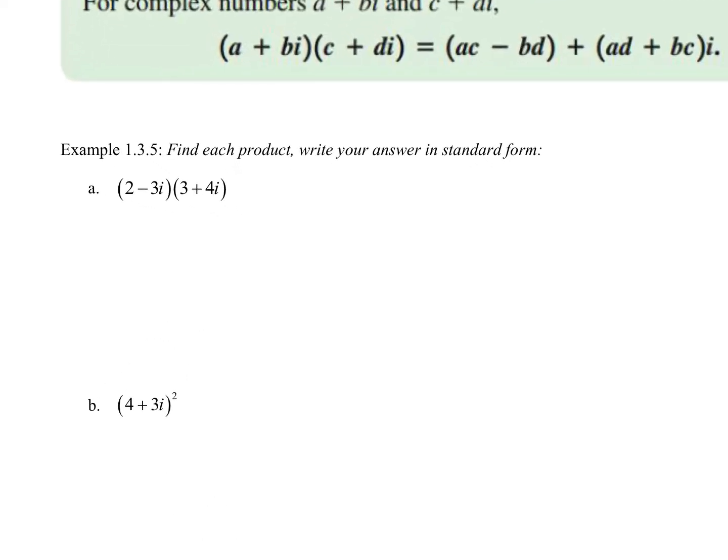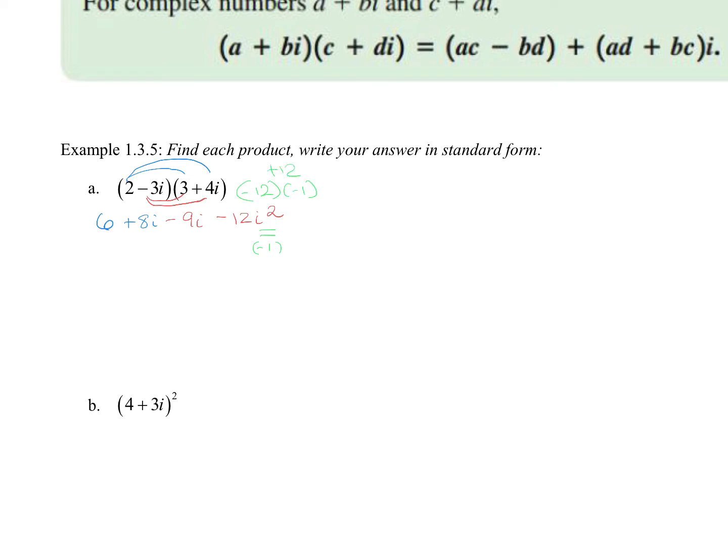On these problems, we're going to FOIL. So 2 times 3 is 6. 2 times 4i is a plus 8i. Negative 3 times 3 is a negative 9i, and then negative 3 times a positive 4i makes a minus 12i squared. i squared is the same thing as negative 1, so this piece is really a negative 12 times a negative 1, which makes a positive 12.